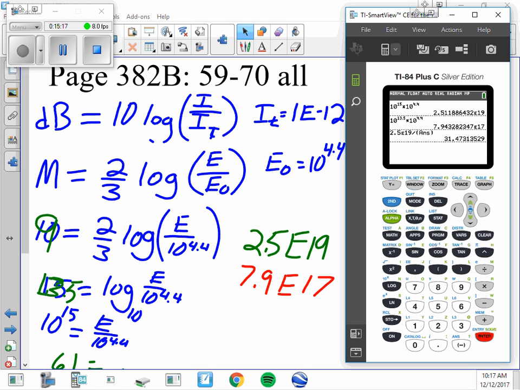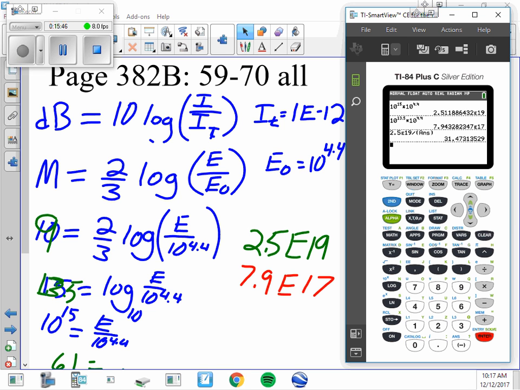Let me see your calculator. 10 to the 15th times, but it should be 1e to the 15th, which I guess is the same. 10 to the 4.4. Huh. I'll have to look into that.